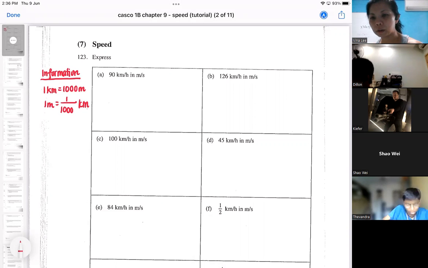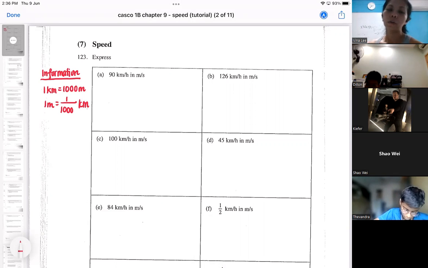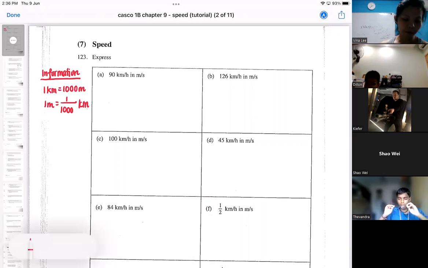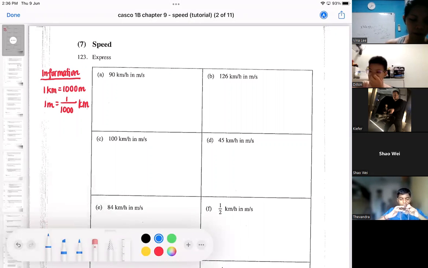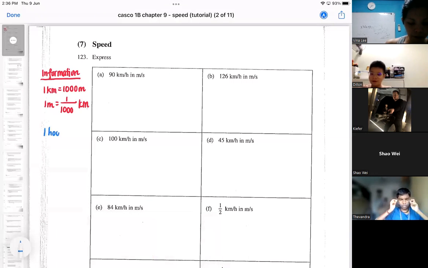Lucas, that's why just now I wrote something like this for you. That is under the information column. Whatever you learn in primary school, you must know how to reverse it. Another piece of information you will need is 1 hour is 60 minutes.